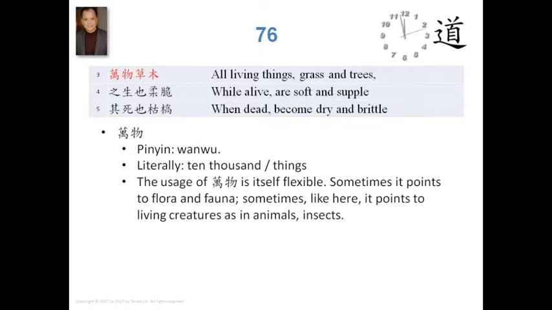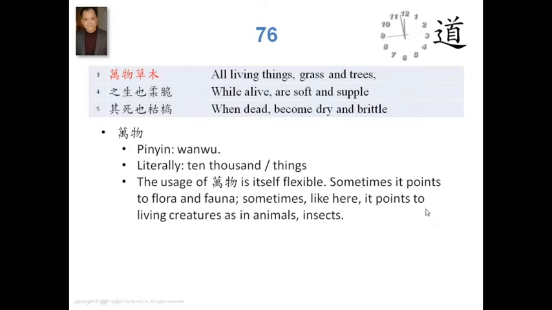Sometimes it's flora and fauna, and what I mean by that is all living things, whether it's a vegetable, flower, plants of one description or another, trees, or perhaps birds, animals running around, maybe insects, etc. Sometimes it points to all living things, and so what I tend to translate is myriad things.